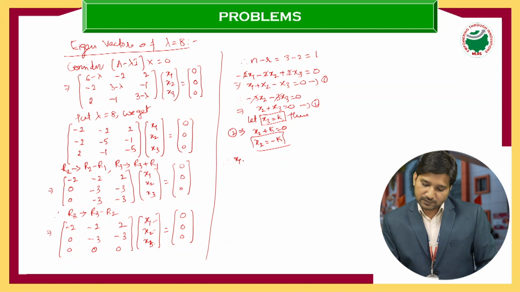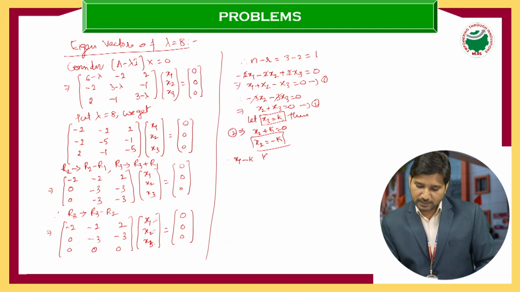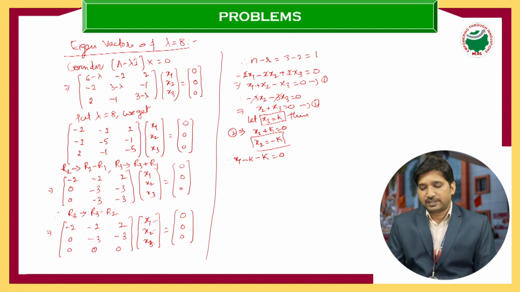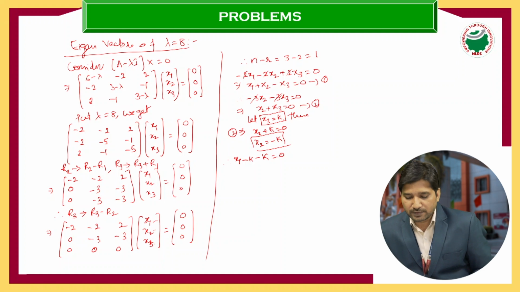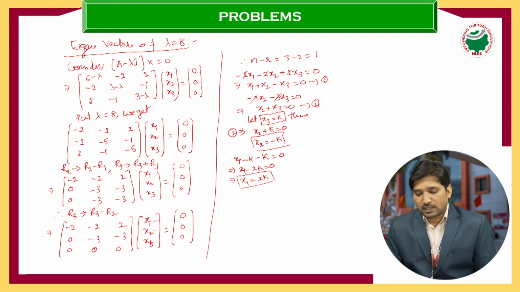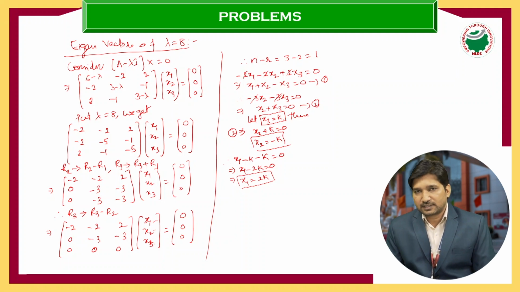That is x1 minus k minus, that is also minus k, x3 also k, x3 equal to k, x2 equal to minus k. Substituting into equation 1, x1 minus 2k equal to 0, x1 equal to 2k. So the elements are x1 equal to 2k, x2 equal to minus k, x3 equal to k.